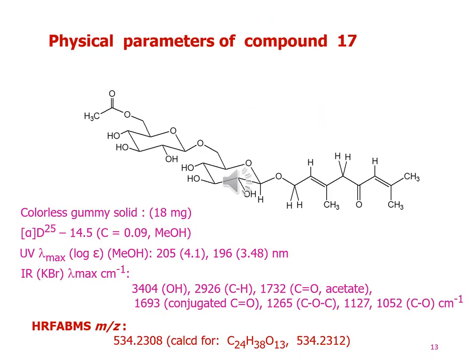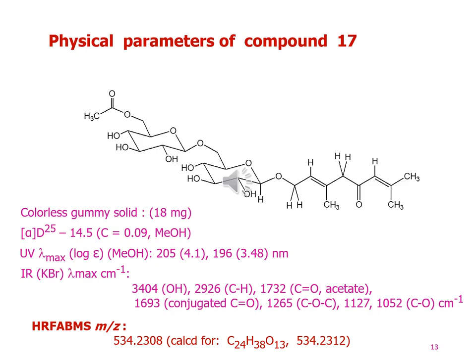This compound was isolated as a colorless gummy solid, and the weight of this compound is 18 mg. The specific rotation was taken in methanol at concentration 0.09, and it is minus 14.5. The UV absorption was taken in methanol, which shows absorption at 205 and 106.